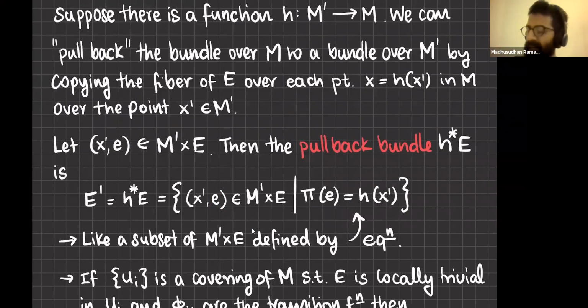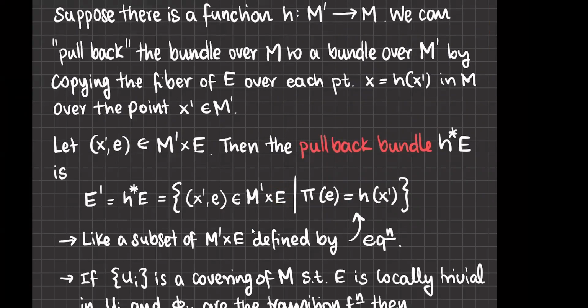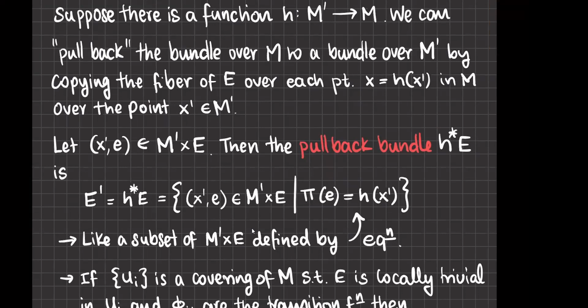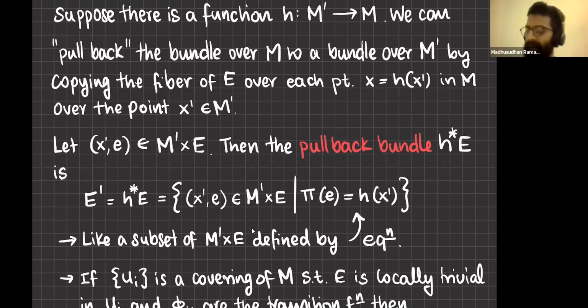Whenever I act with the projection on any point in the total space, it drops down to the corresponding point on the base manifold. When that is equal to h acting on some x prime, this is the definition of the pullback bundle. It's a subset of M prime cross E defined by this equation.